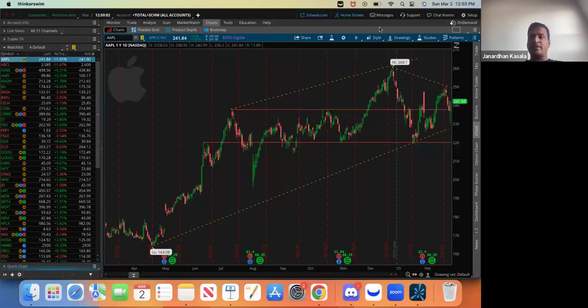Identify the trend, identify your support and resistance, and act at the support and resistance. So yeah, that's all from me.